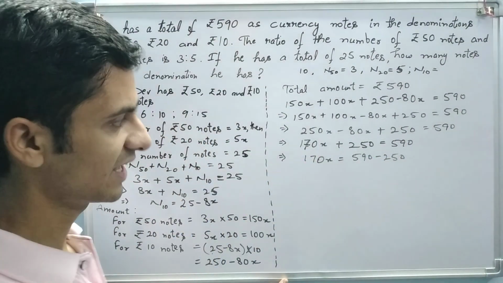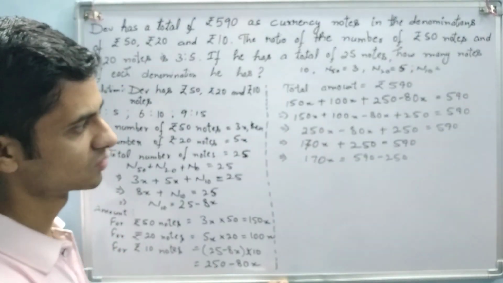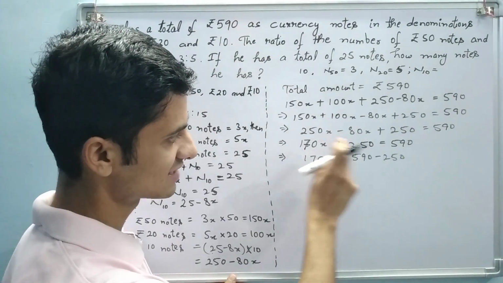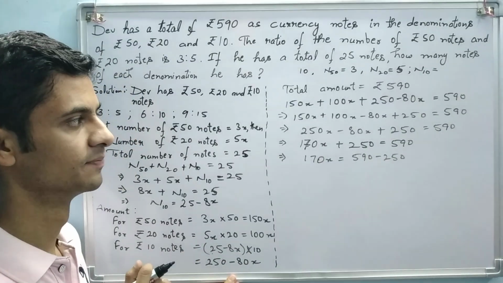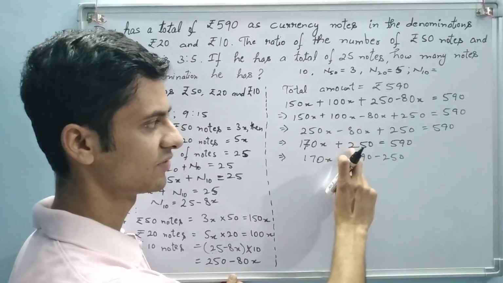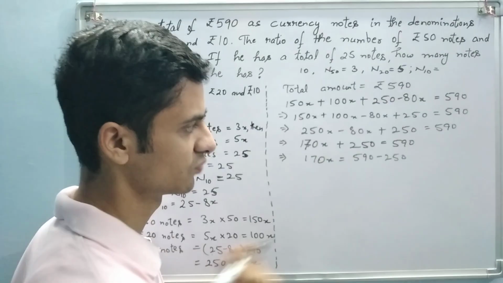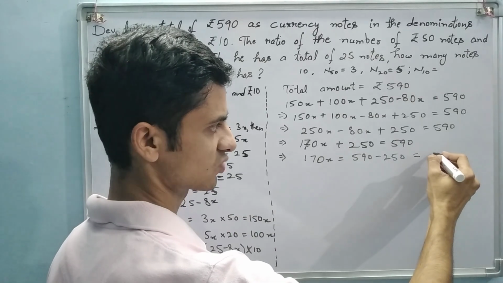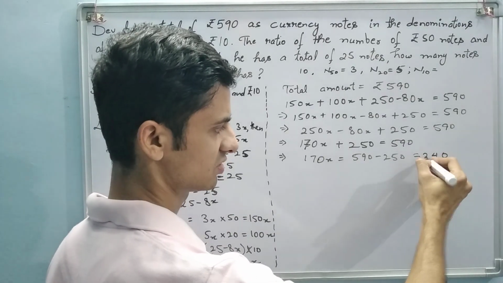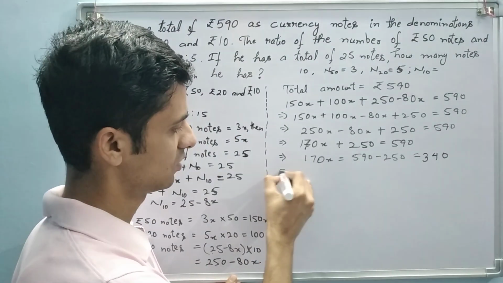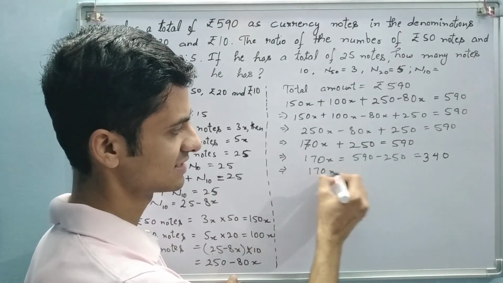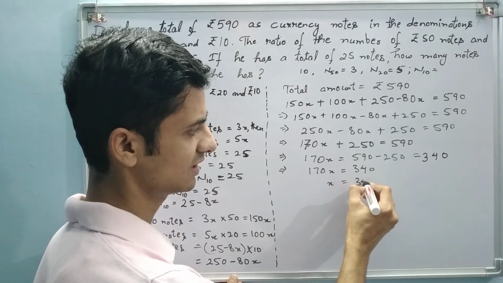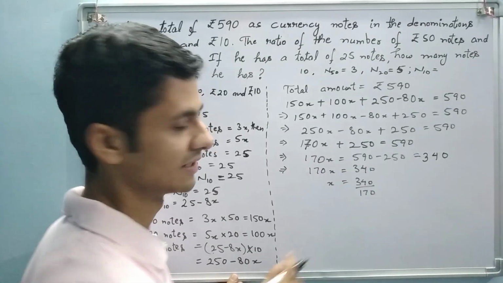To find the value of x, we remove all other things. Only x should remain. So what other things are there? 250 is there, 170 is there. We have to remove them. First of all, let us remove 250. It goes in subtraction, minus 250. 590 minus 250: 0, 9 minus 5 is 4, 5 minus 2 is 3, so 340. Now 170x is equal to 340 and x comes out to be 340 upon 170.